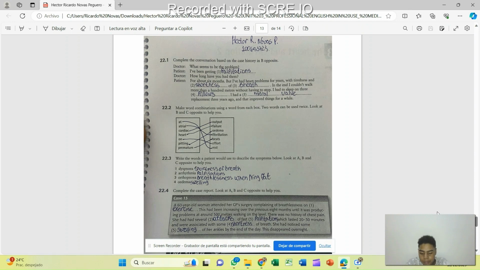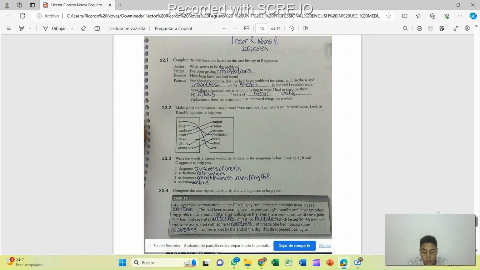Add threats, atrial fibrillation, cardiac output, heart failure, on effort, period, edema, premature beats.